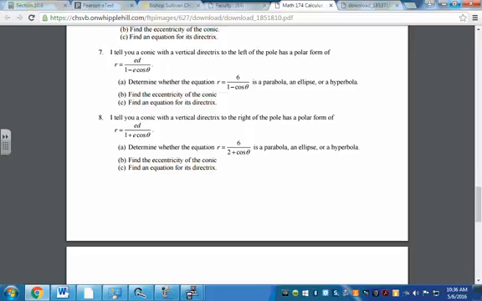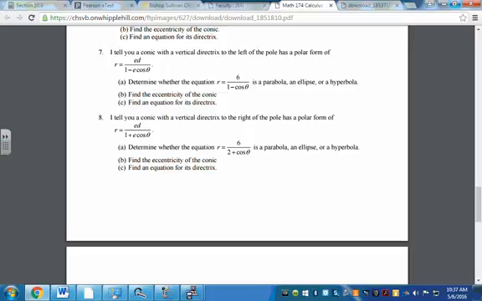Okay. So in order to deal with this, you've got to make that a 1. We've got 6 over 2 plus cosine theta. That's what r is. Just multiply this thing by 1/2 over 1/2. I know that sounds a little weird. It's maybe easier to say divide top and bottom by 2.